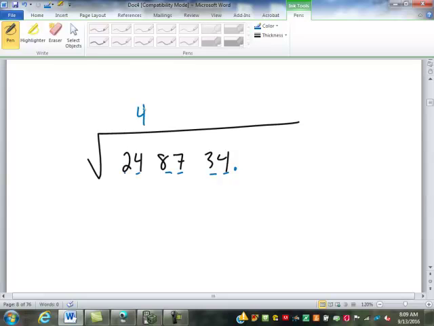This algorithm is not what I'm used to seeing, so I'm going to try a different one. Okay, so here we go.